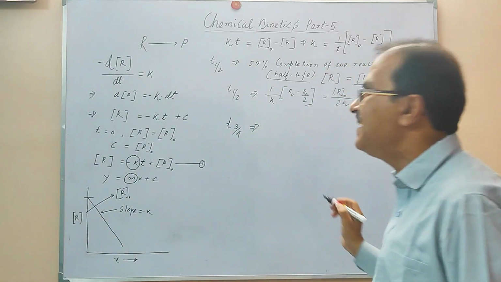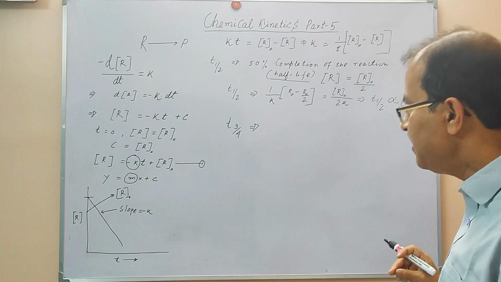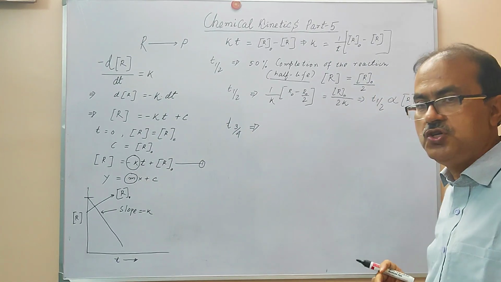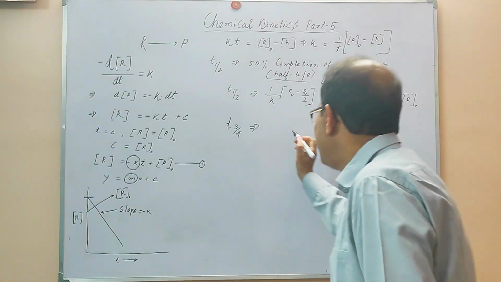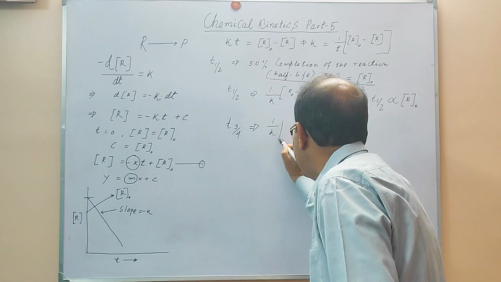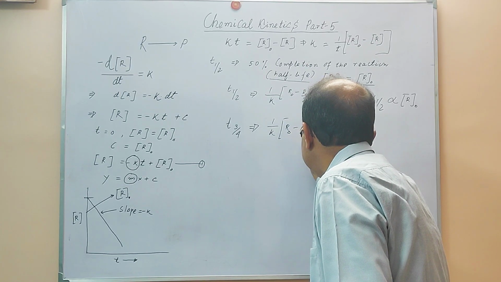Then we will calculate t 100%, when the total reaction has been completed, and then we will draw a ratio between all those things. Right? So t 3/4 you can write as 1 by k, R0 minus R0/4.